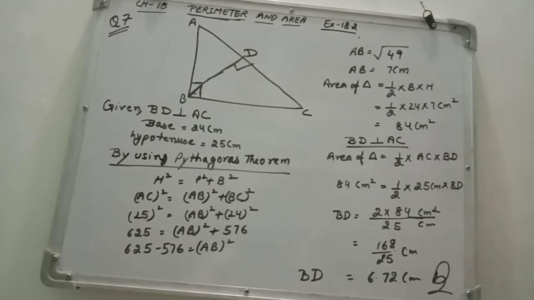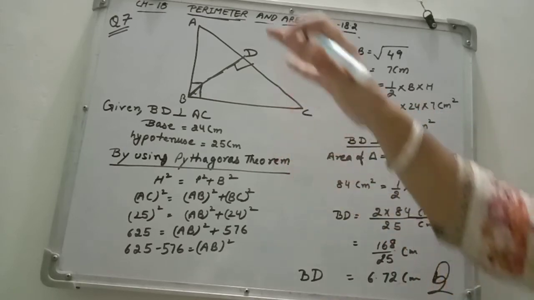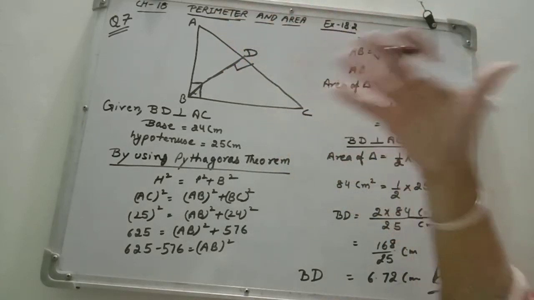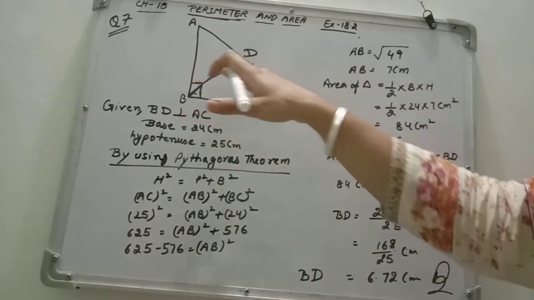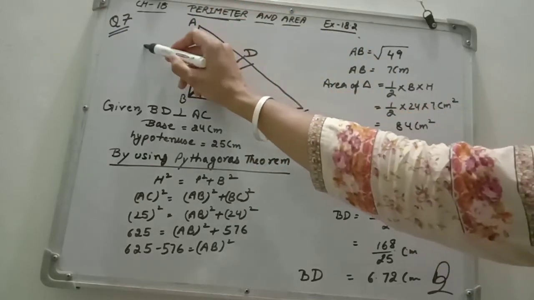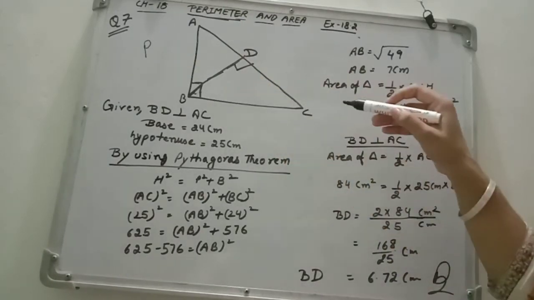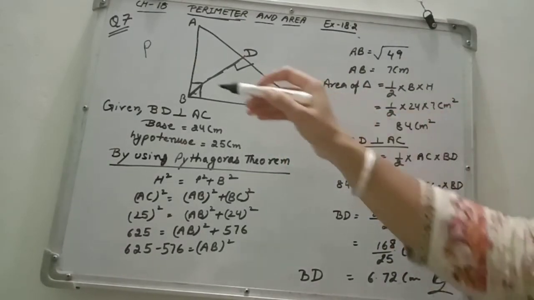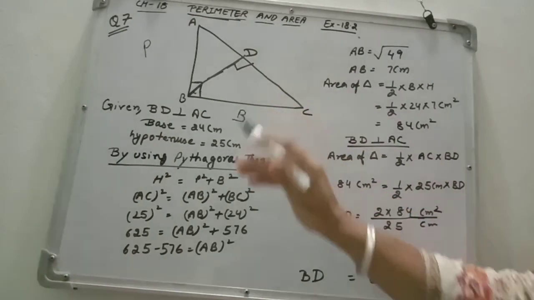Okay, so we know that a right angle triangle is one where one angle must be 90 degrees. Here I am going to tell you what is hypotenuse. When this type of triangle is given to you, where one angle is 90 degrees, this side is called the perpendicular P, and the side where the 90 degree angle meets is called the base.